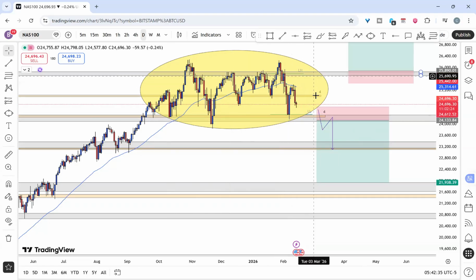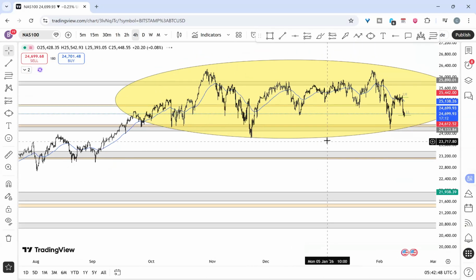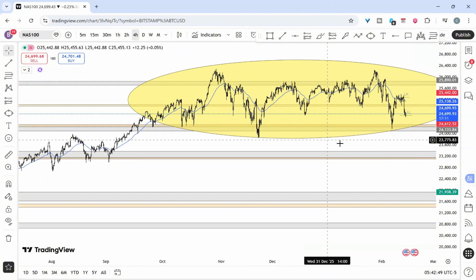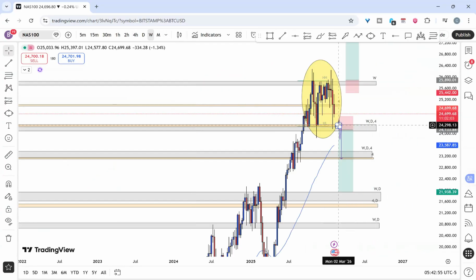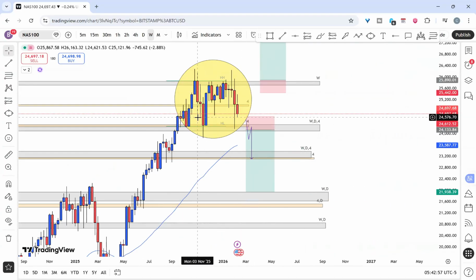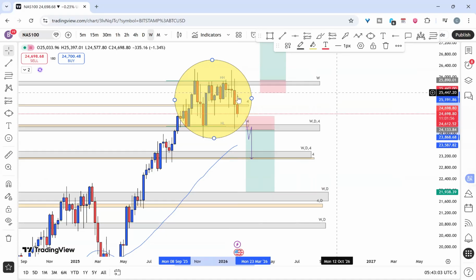So it is stuck between the resistance and the support level. As you guys can see on the daily time frame, and if we look at the 4 hour time frame, it is literally the same thing. It is hovering around. On the weekly time frame, yes, also. If you guys cannot see it, I can break it down in the next video.